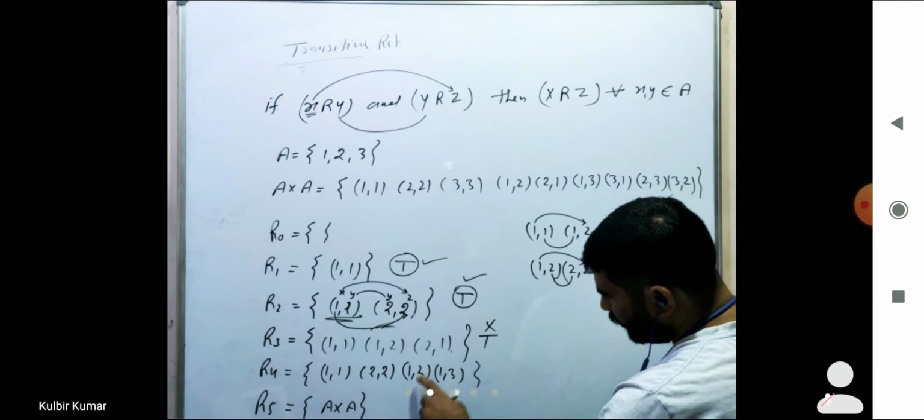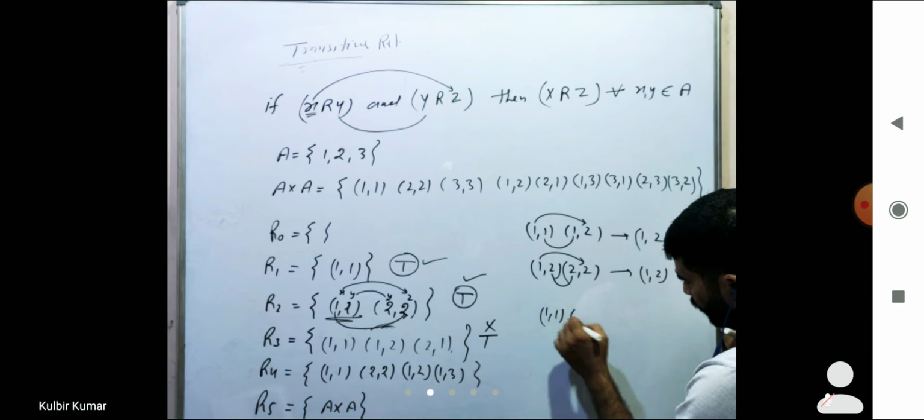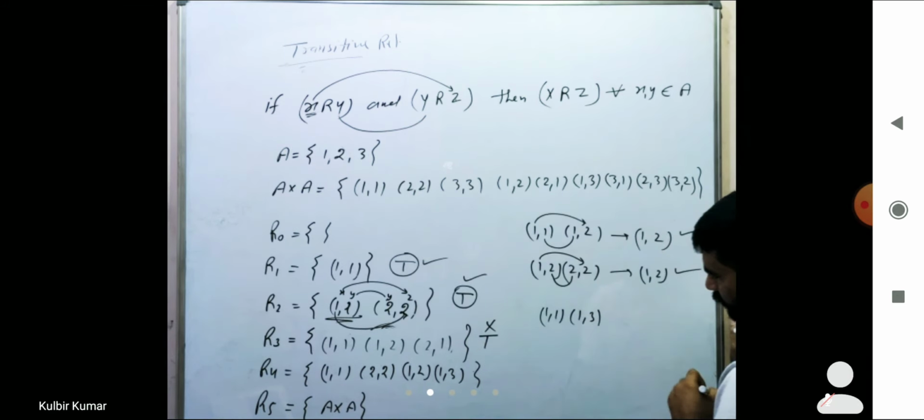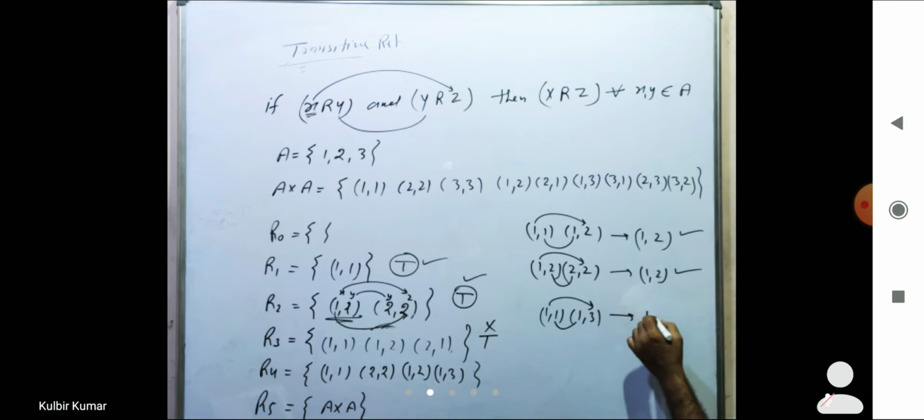If it is 1 comma 1 and 1 comma 3, this 1 is matching, meaning y is matching, so 1 comma 3 should be there. So is 1 comma 3 there or not? 1 comma 3 is there. So no problem. What can be the next case? Is there any combination remaining?